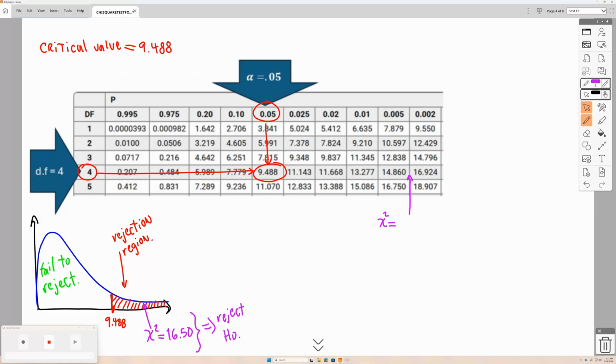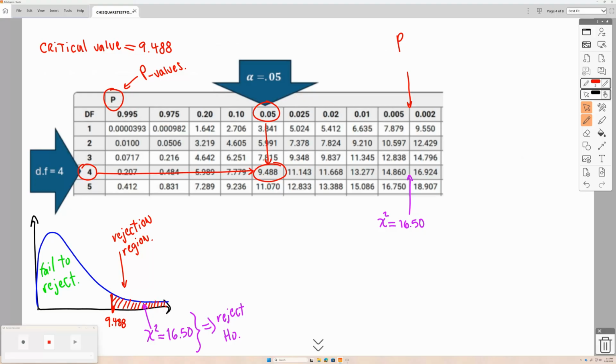By calculating the p-value, the p-value is in the first row, and the p-value decreases from left to right, so a chi-square of 16.50 is in between 14.860 and 16.924.